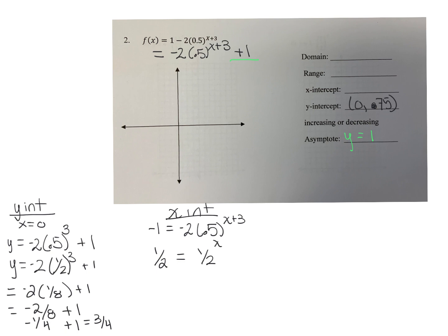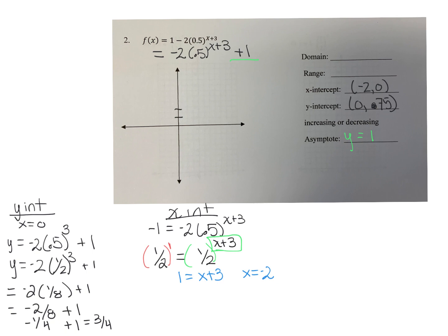And now I'm going to use that property that we used in the last problem. The power on this 1/2 is 1. And the power on my other 1/2 is this x plus 3. The only way, because my bases are the same, that this can be a true statement is if 1 equals x plus 3. So we know that x has to equal -2. So my x-intercept is -2, 0.